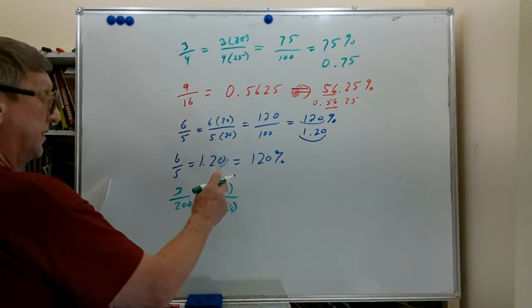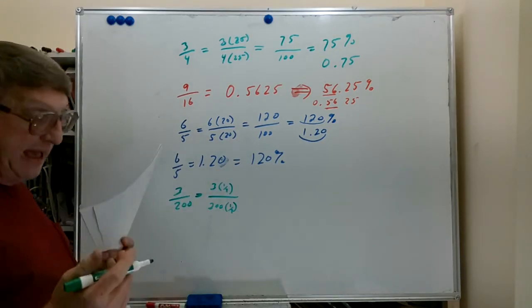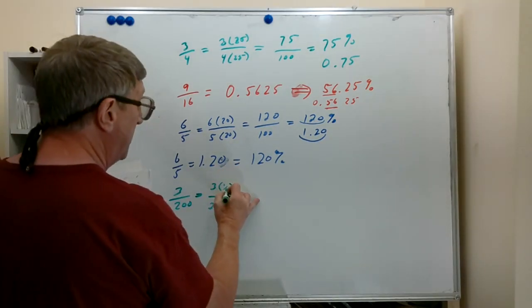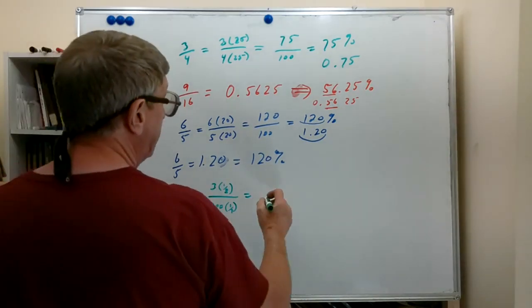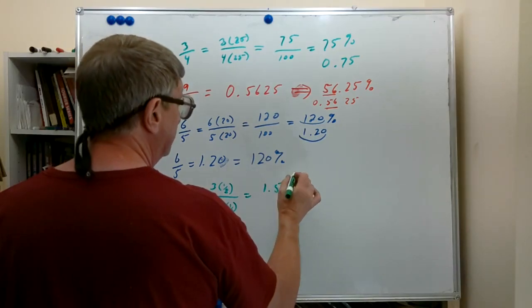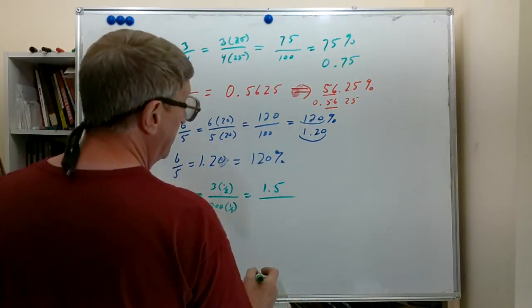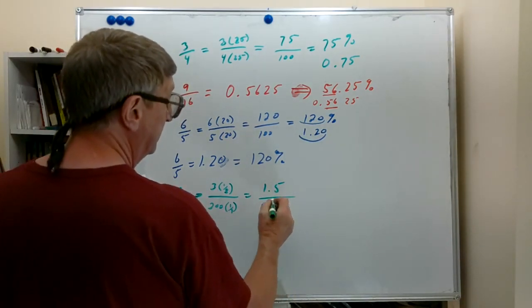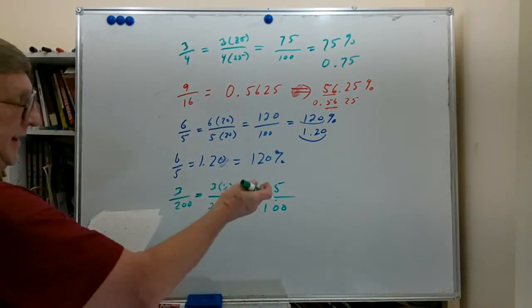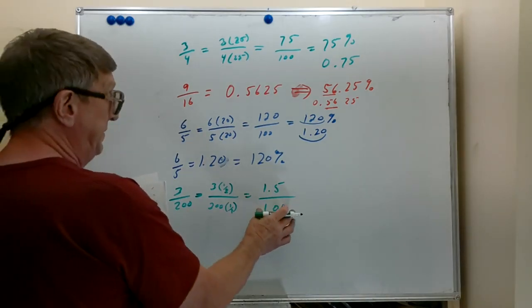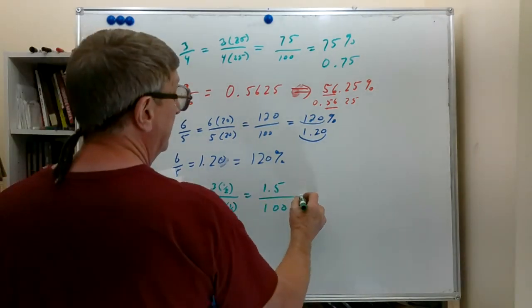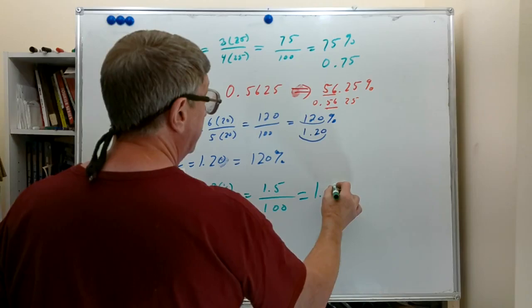So we multiply the numerator and the denominator by 1/2, still multiplying by the equivalent of 1, not changing the value, still an equivalent fraction. Well, 3 times 1/2 is 1.5. 200 times 1/2 is 100. So what have we got here? We got 1.5 over 100. 100 denominator being the definition of percent. So it equals 1.5%.